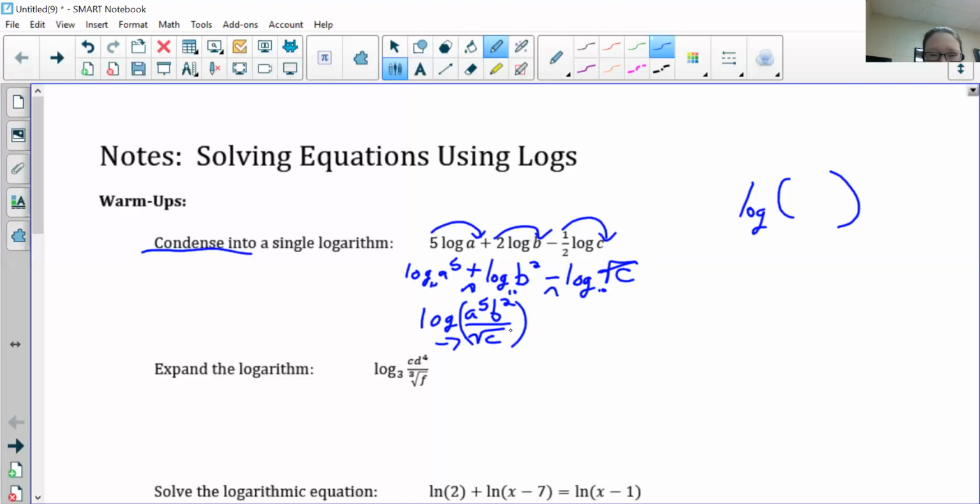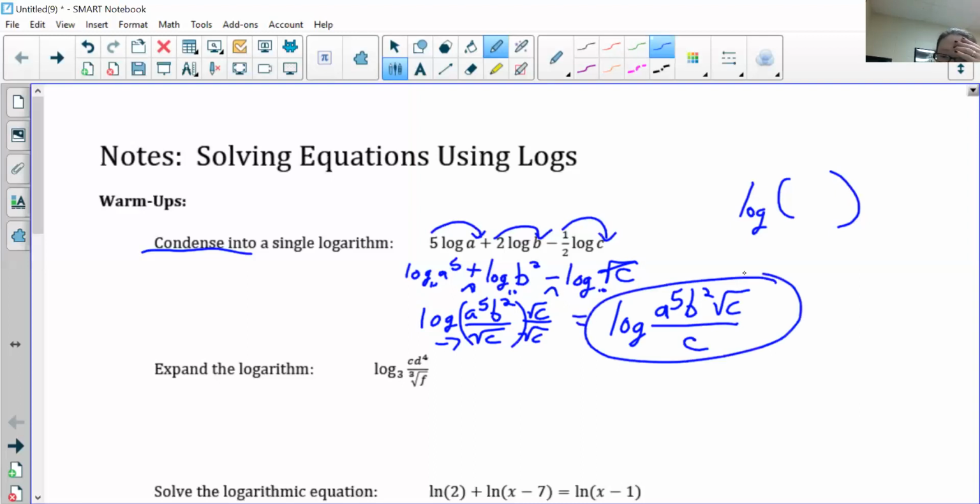Let's go ahead, because it's a square root, and rationalize this. So remember, when we rationalize it, we're going to multiply it by radical c over radical c. So then I'm going to get the log of a to the fifth b squared radical c over c. So this is my final answer.